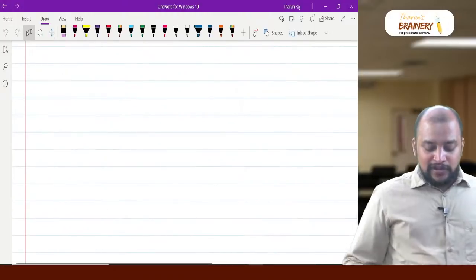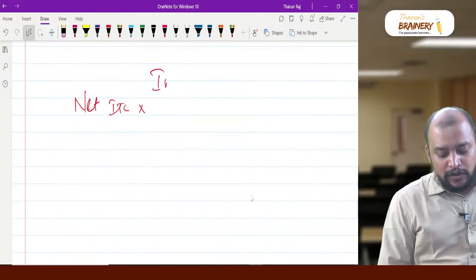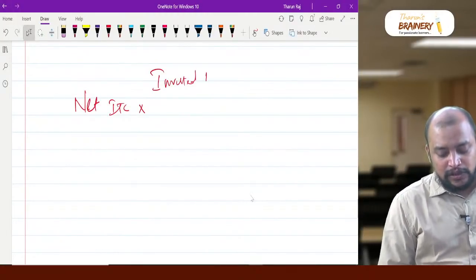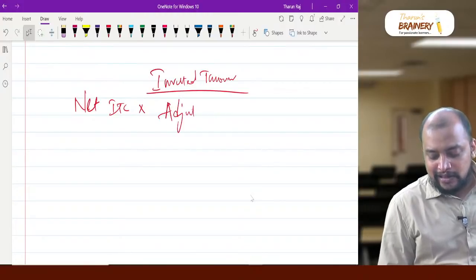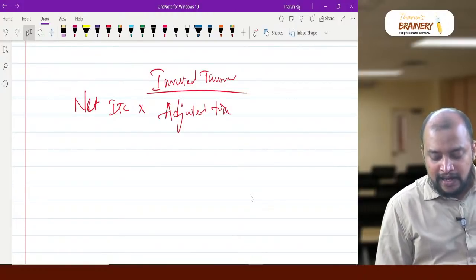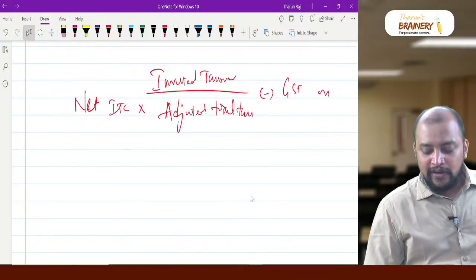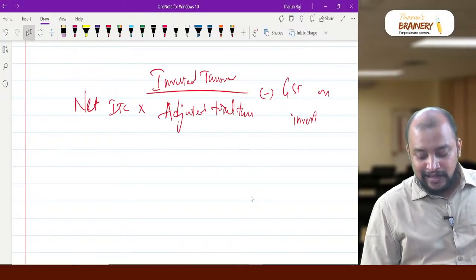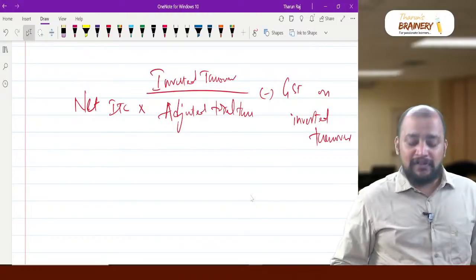First we need to take net ITC. Net ITC into inverted turnover divided by adjusted total turnover, and after that we will take out GST on inverted turnover. The balance is known as the unutilized ITC, which we will get as a refund.